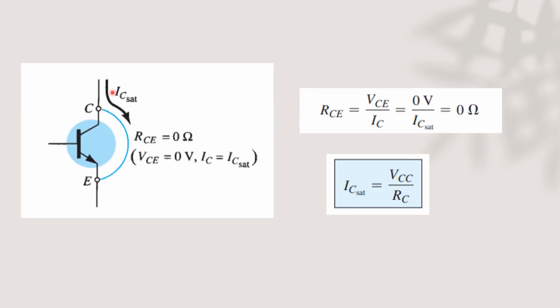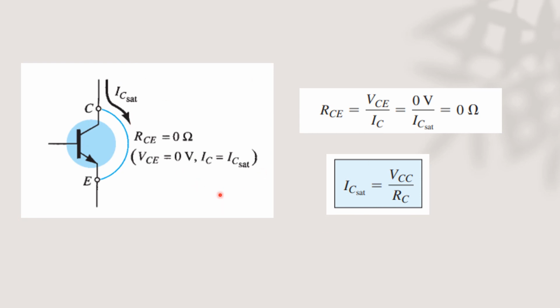So the loop for that would be here. We have RCE equals VCE over IC. RCE is just equal to 0 ohms, then our VCE is equal to 0 volts. This is for saturation.